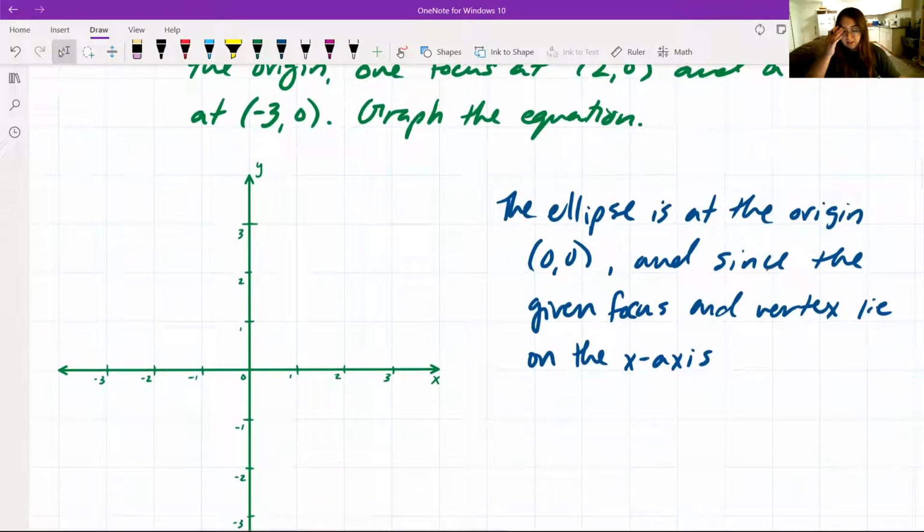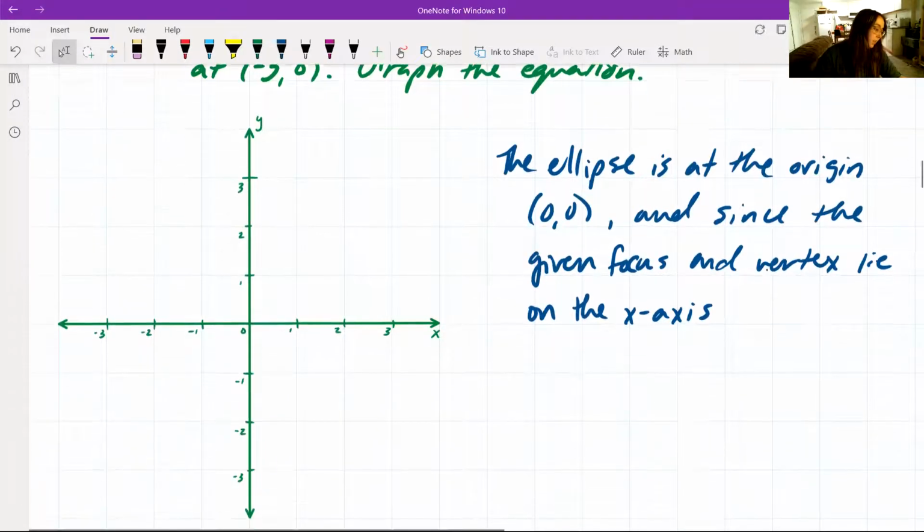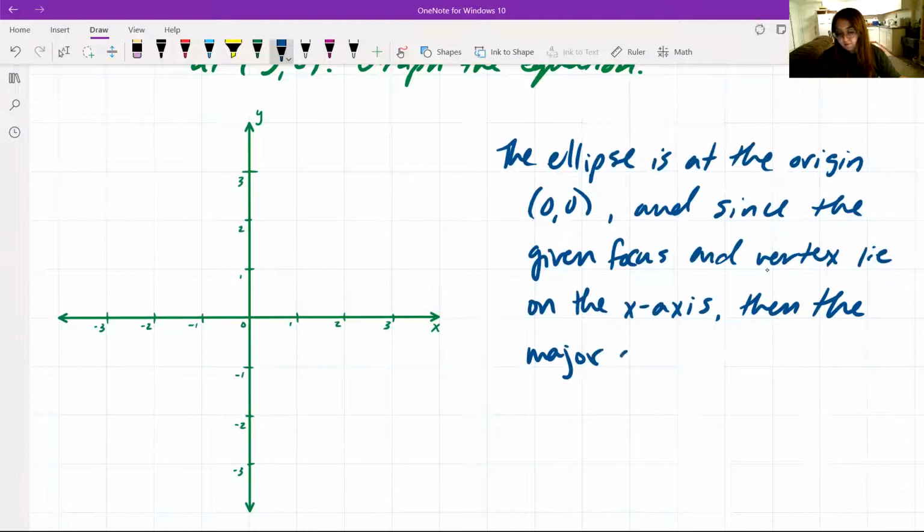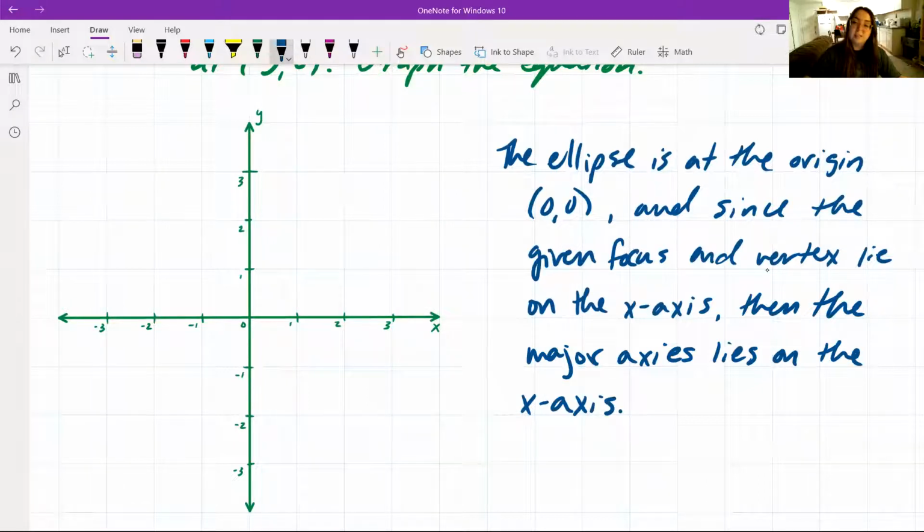So that's how we know that it's on the x-axis. Then the major axis lies on the x-axis. All right, so all that to say, we have determined that the major axis is on the x-axis.